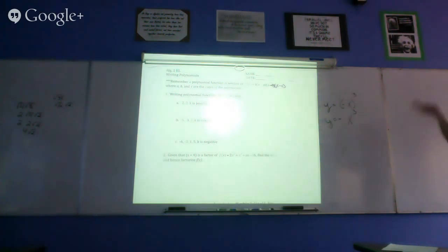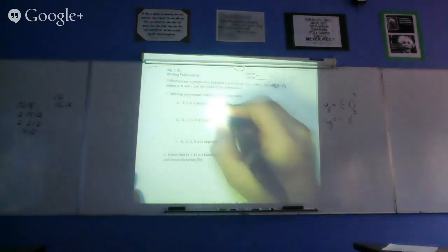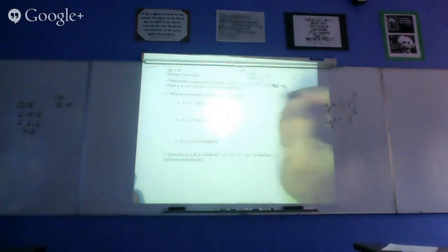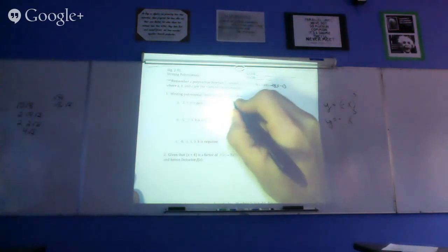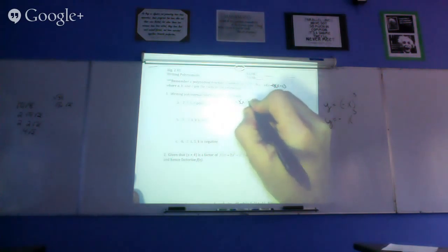Okay, so we'll write it just as if k was a positive 1. Well, how do I write it? Plug it in. Plug what in where? -2, 3, K. So I take this, y is equal to, take k as positive, we'll just say x minus a times x minus b.